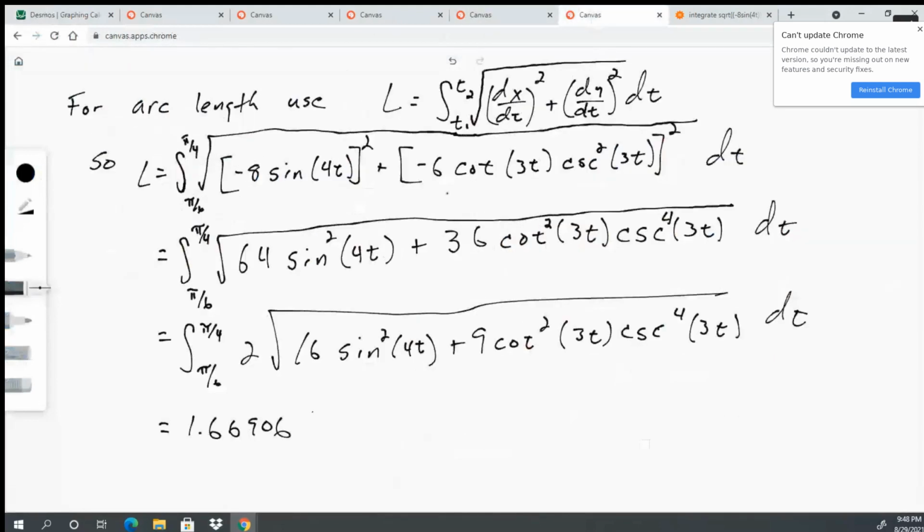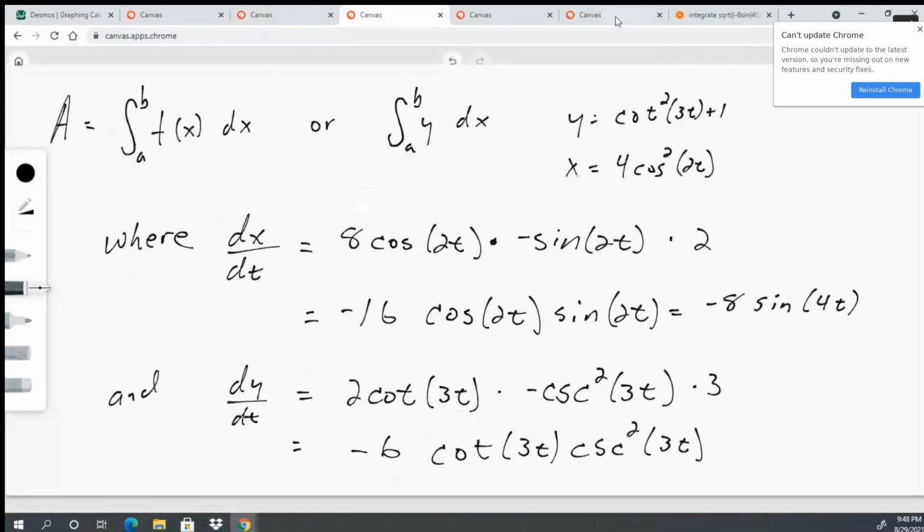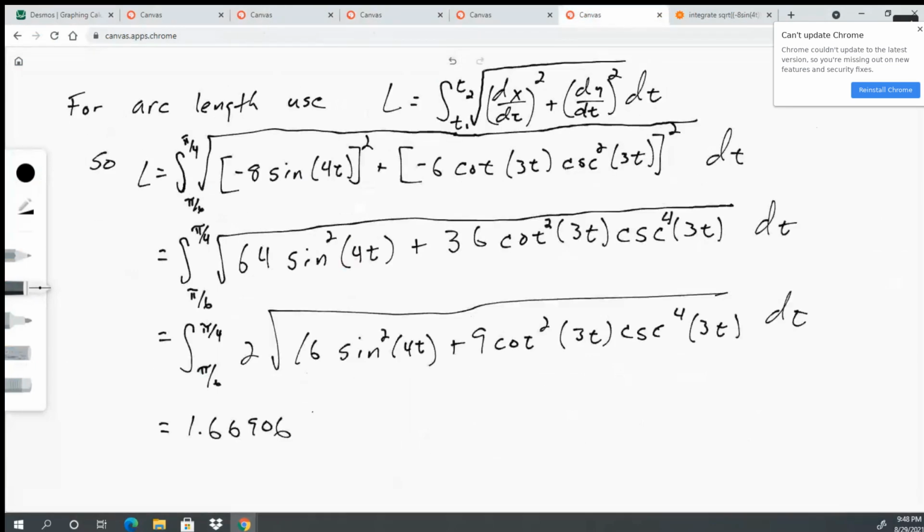Okay, for arc length, we use the formula: length equals the integral from t1 to t2 of the square root of (dx/dt) squared plus (dy/dt) squared, dt, right? So we plug in dx/dt from here, and dy/dt. Giving us minus 8 sine 4t squared plus minus 6 cotangent 3t cosecant squared 3t squared. Giving us 64 sine squared 4t plus 36 cotangent squared 3t cosecant to the fourth 3t.